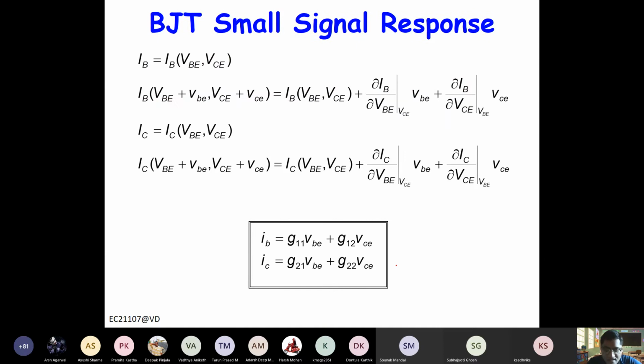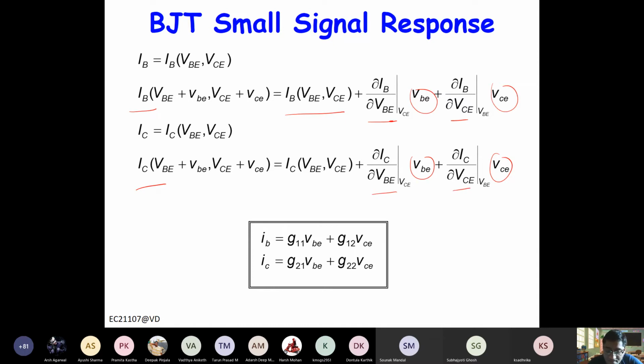You can express IB and IC as a reference value plus small v, which is basically the AC part, due to the AC part. So that you can write the derivative with respect to VB, derivative with respect to VC, and same thing for IC.